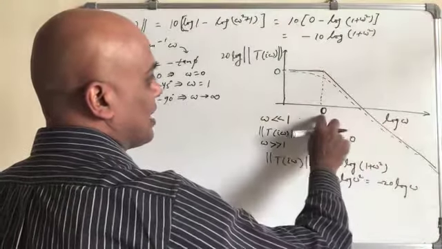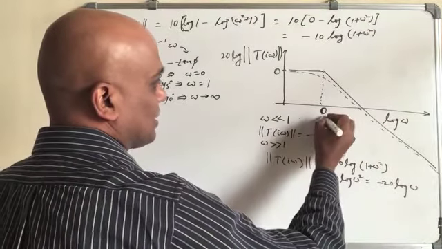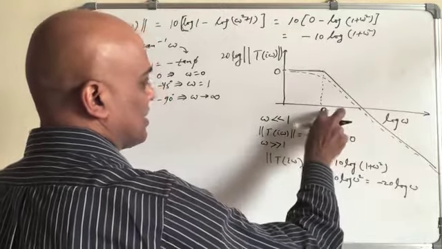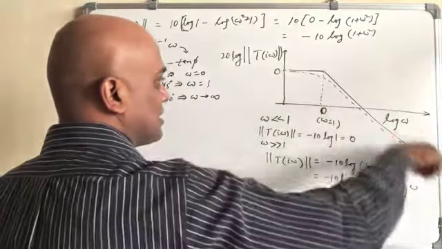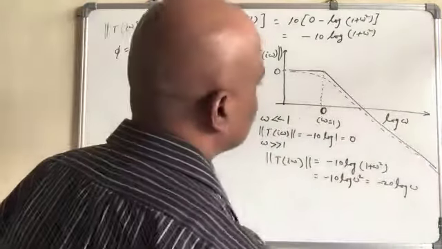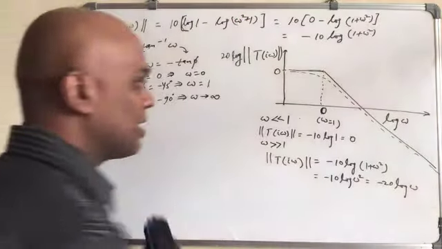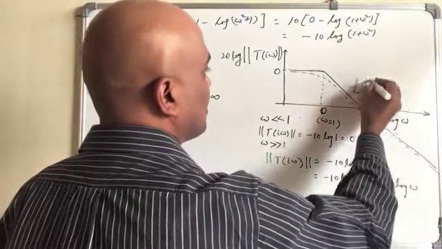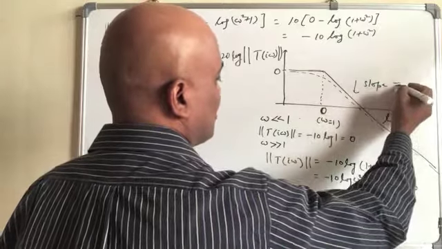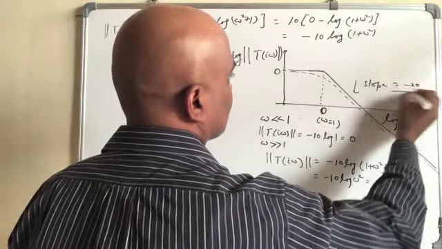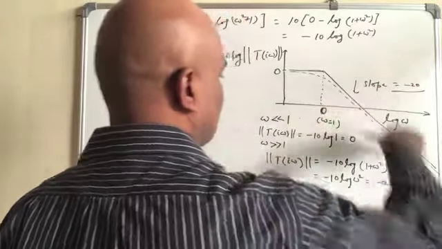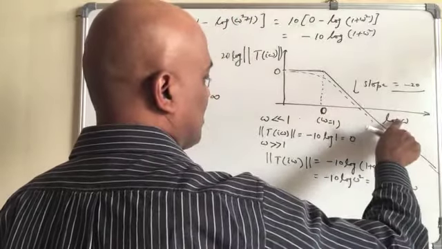This is log omega, that only means omega equal to 1, right? And from here it is going down like this. You can have here slope equal to minus 20, right? Because see the relationship here.